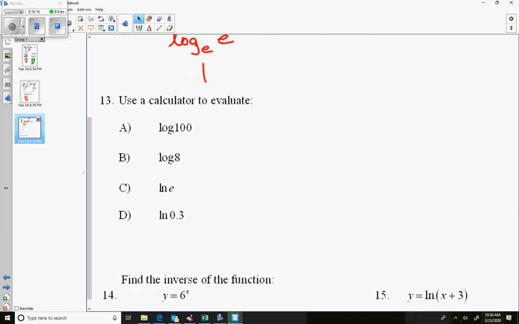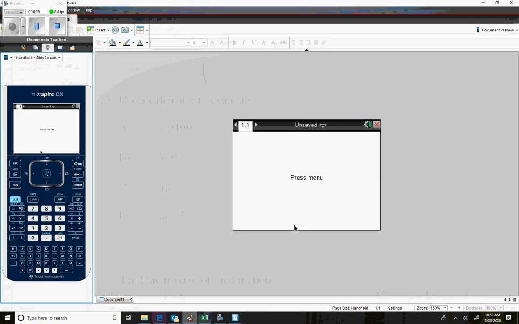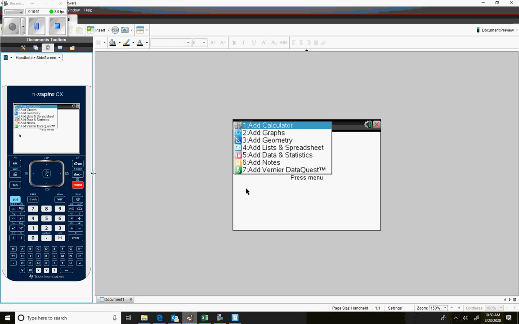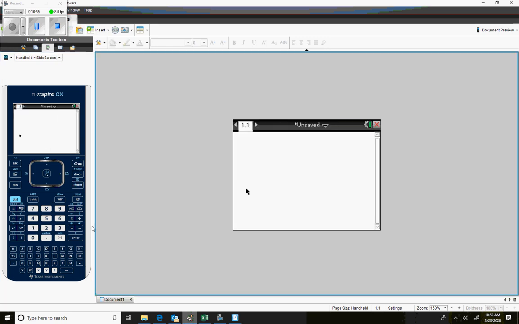All right, then we have a few calculator problems. Whatever calculator you have, if it's a scientific calculator, will do common logs and natural logs. So our first one here is log 100. You just have to find it on your calculator.